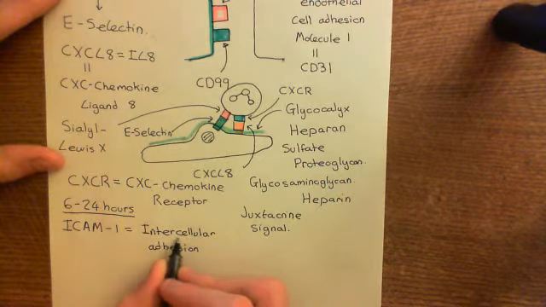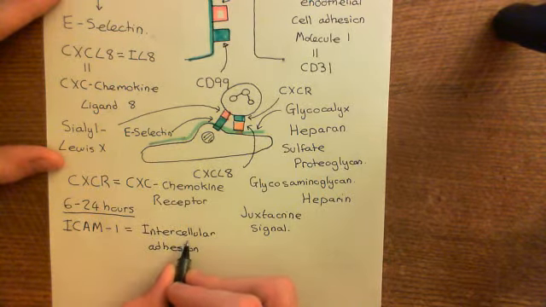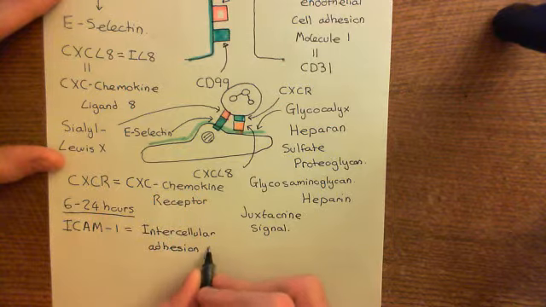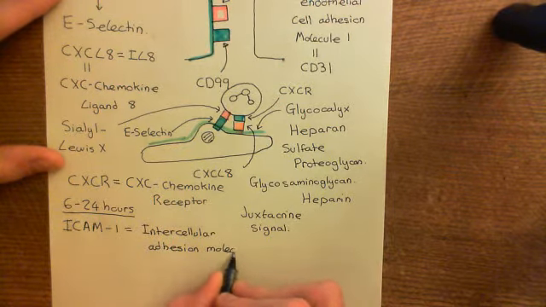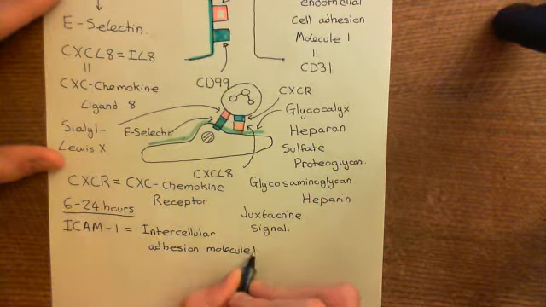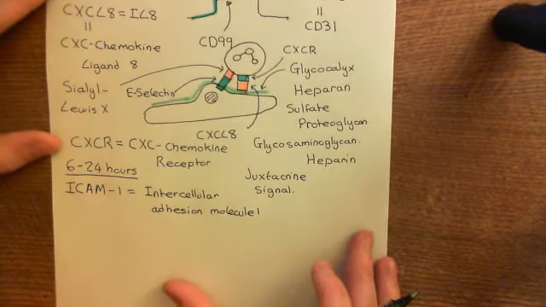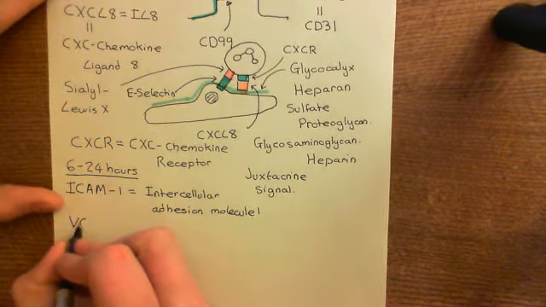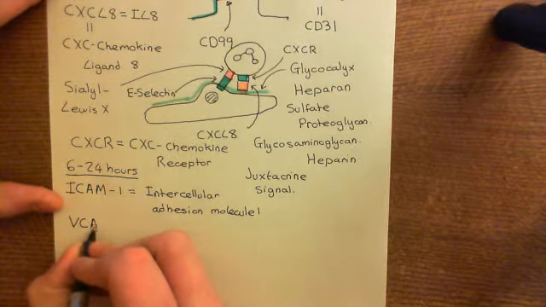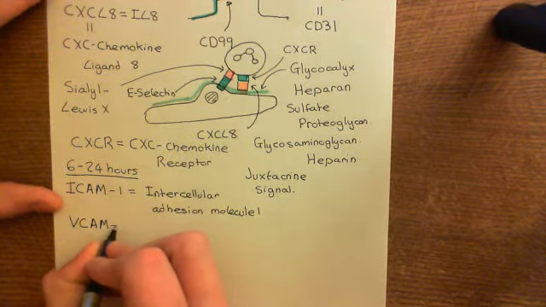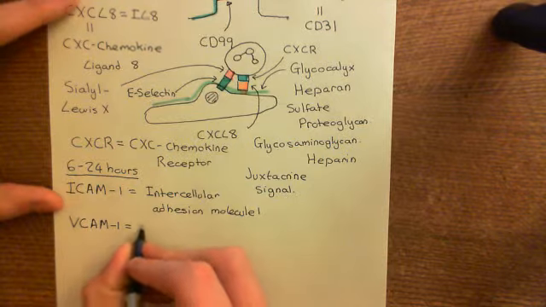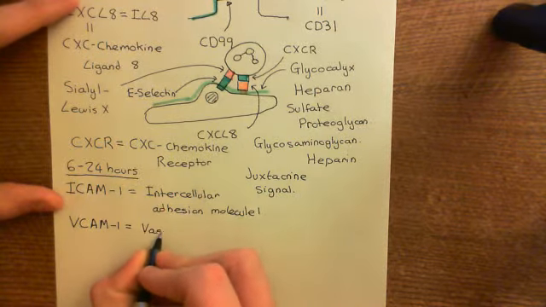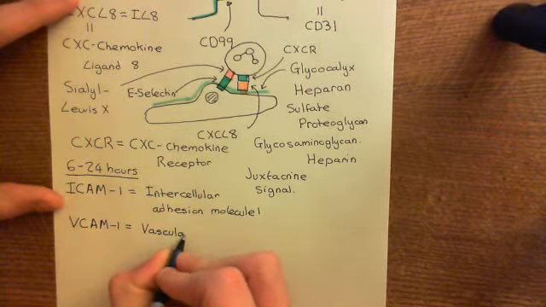In this case, the C is within the word intercellular, but it's nearly there. It's so close that it's not really an exception. So the intercellular adhesion molecule 1, and also you're going to increase the expression of VCAM1 on the surface of the endothelial cells. Okay, and this stands for vascular cell adhesion molecule 1.